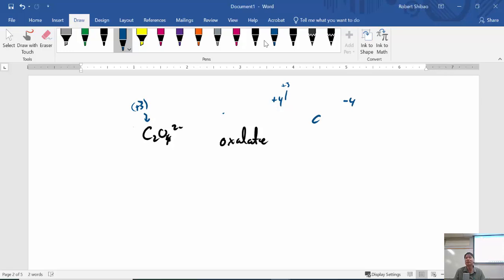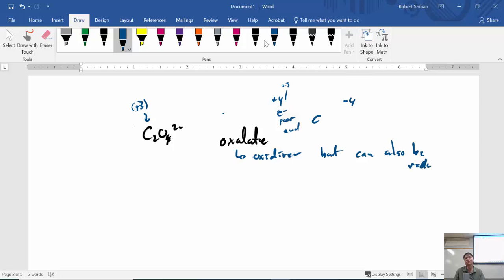And so you'd expect oxalate to be an oxidizer, but it could go either way. It's on the electron-poor end of the spectrum, but it does have one more electron to give. So I'd think of it as being an oxidizer on the electron-poor end, but it can also be a reducer because it has one more electron.